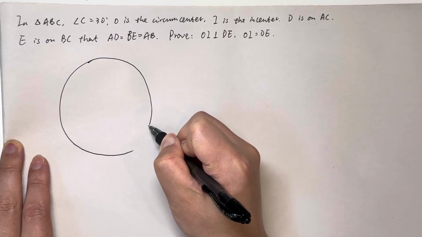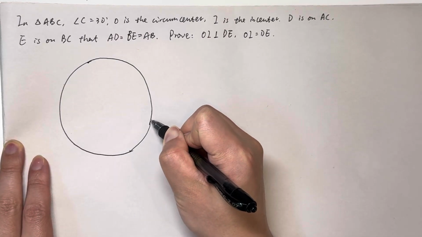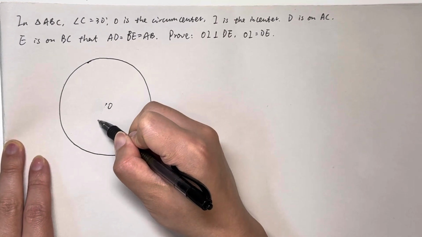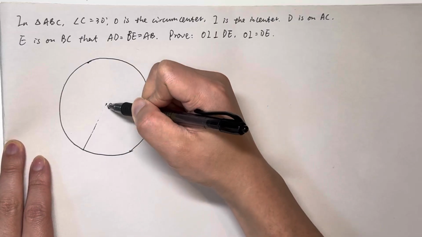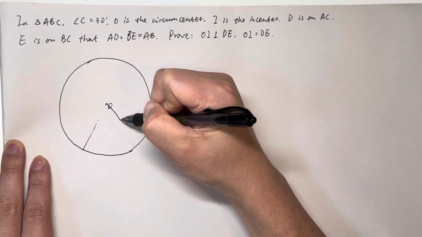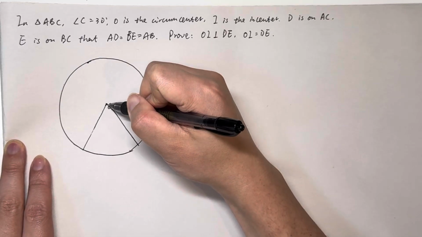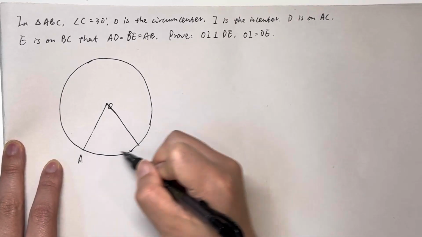So we can draw the circumcircle first and find the center O, and then we can just find the 60 degrees here, and that helps us to find point A and point B.